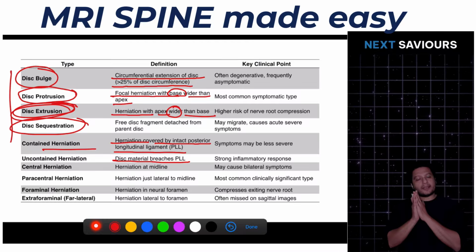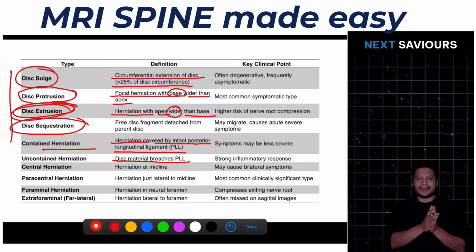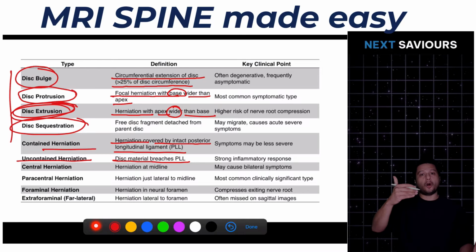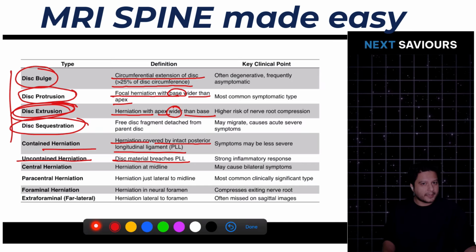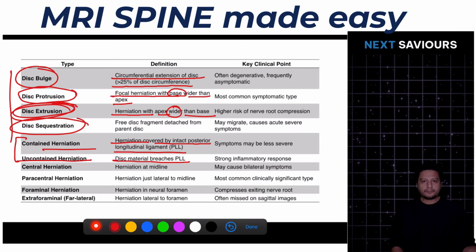And the second is that if the posterior longitudinal ligament is breached by the disc, it will result in uncontained herniation, because of the prolonged extension of the herniated disc into the canal, thereby compressing the contents of the cord. So that is the second classification.